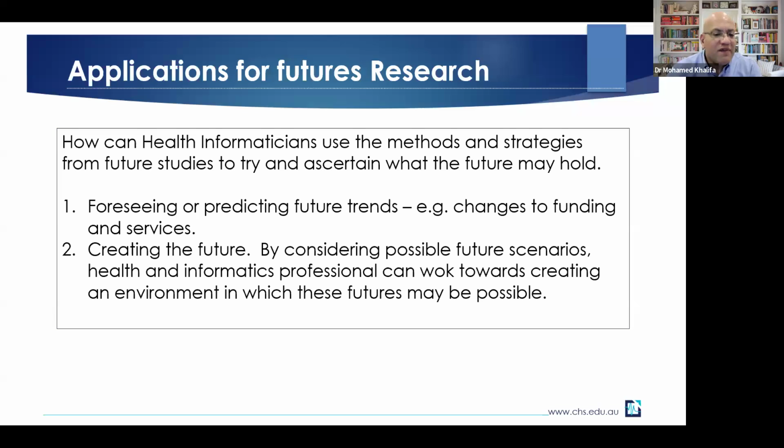So we also have applications for future research. How can health informaticians use the methods and strategies from future studies to try and ascertain what the future may hold? For example, today we find AI highly interacting with health information, and we still have some privacy, confidentiality concerns and regulatory concerns regarding using AI, because no one knows exactly where the information goes.